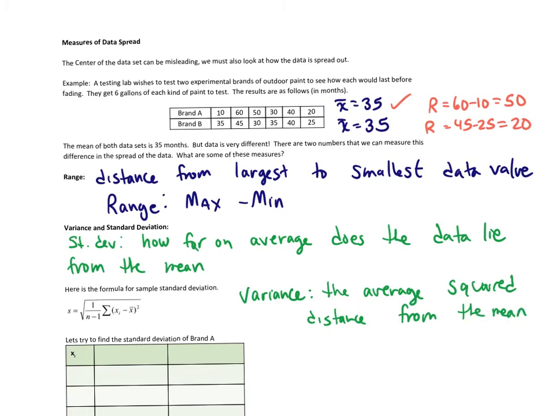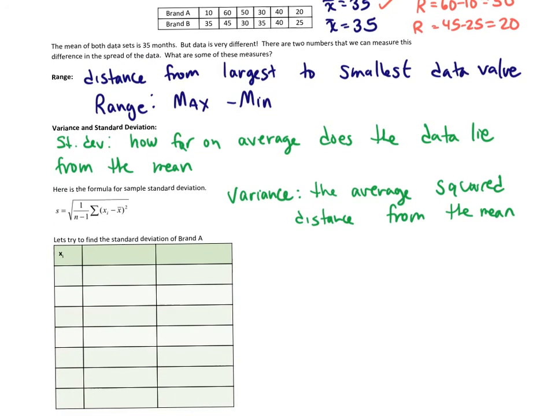So let's talk symbols, and then we can talk about the formula here that you see, which looks pretty nasty, but it's really not terrible once you get into it. S is the sample standard deviation. Sigma is the population standard deviation.